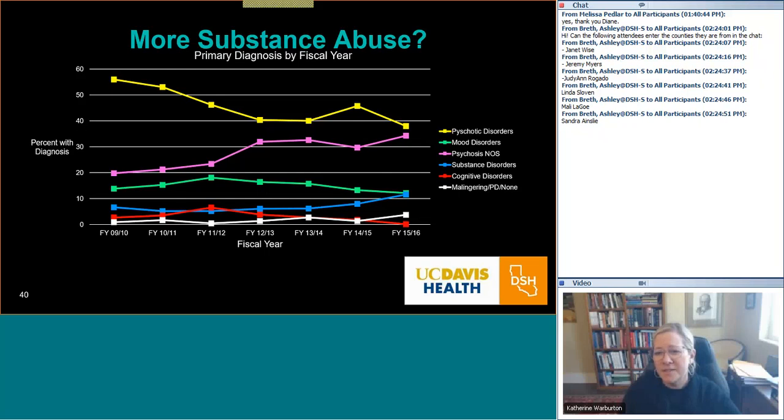It's a very interesting thing how it has that mirror image, and we think that's because in 2012, around that time, the DSM-5 came out and kind of changed the way that we diagnose and what we call psychotic disorders. So there's that interesting mirror image. But if you add them together, the percent of individuals coming in with a psychotic illness hasn't changed, and it represents the vast majority of people being committed to us as incompetent to stand trial.